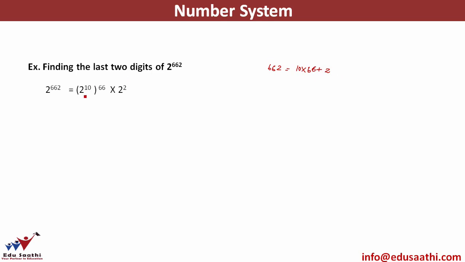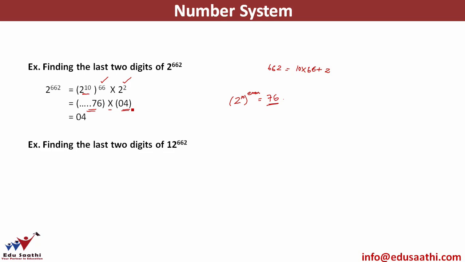So I'll keep 2 raised to power 10 inside, 66 outside, into 2 square. Now if I solve it out, I know 2 raised to power 10 ends up in 24, and any even power would end up in 76. 76 into 2 raised to power 2 or 2 square would end up in the last two digits as that power of 2. So again 76 will have no contribution towards it.